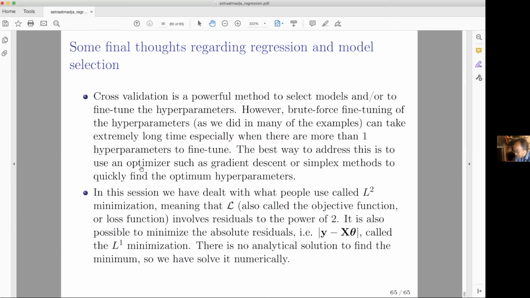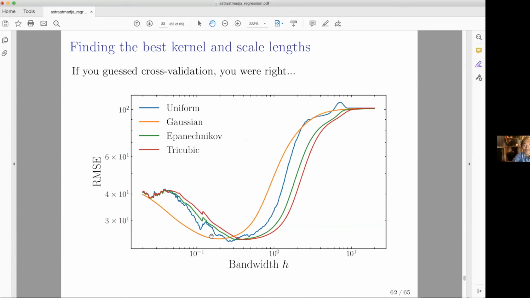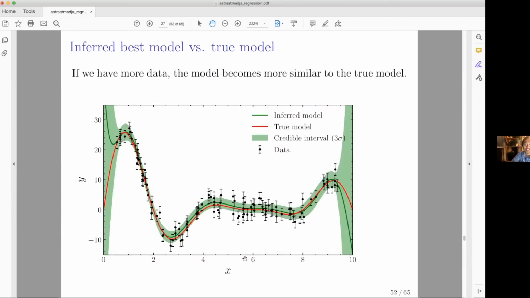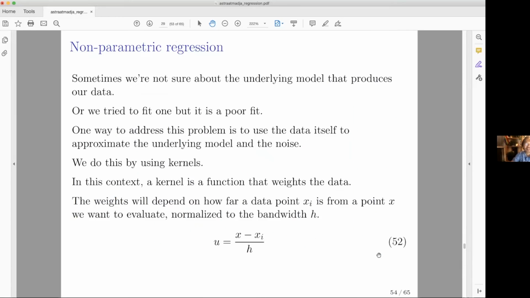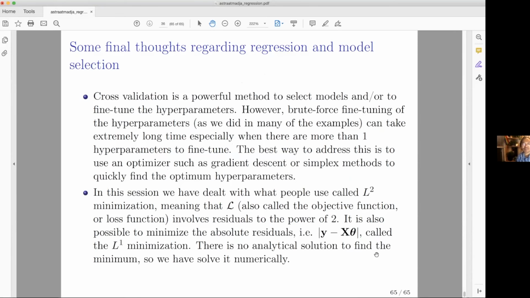So, fine tuning. The bandwidth h that we want to optimize, and also the polynomial orders that we want to find, are called hyperparameters.